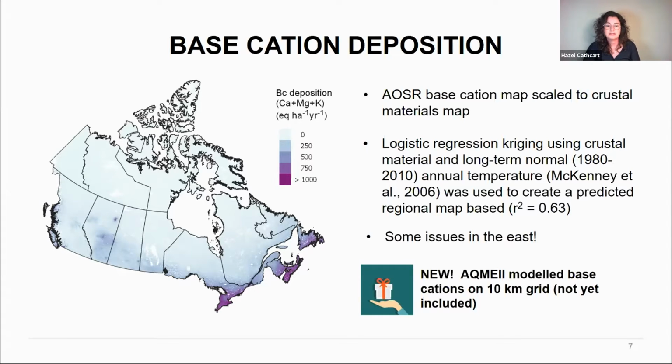You can see this map is greater in the oil sands. It's not that great in eastern Canada, and is likely inflating values there. But luckily, just the other week, Paul and his team handed me a very cool model-based cation deposition map. I haven't included it yet, but I hope to check it out very soon and hopefully include it in the final calculations.